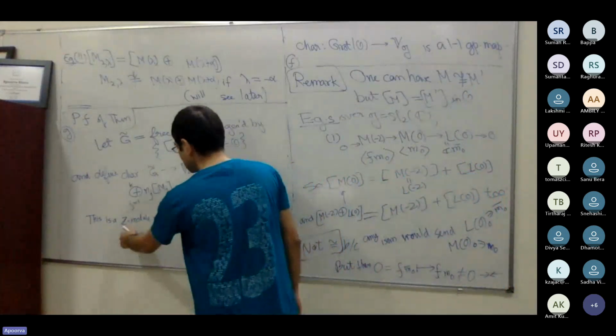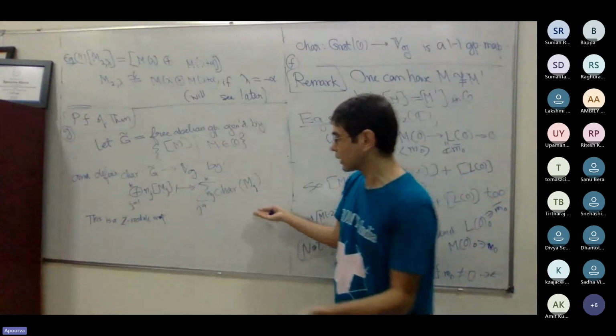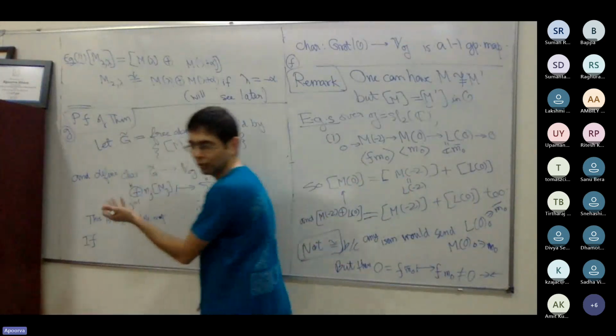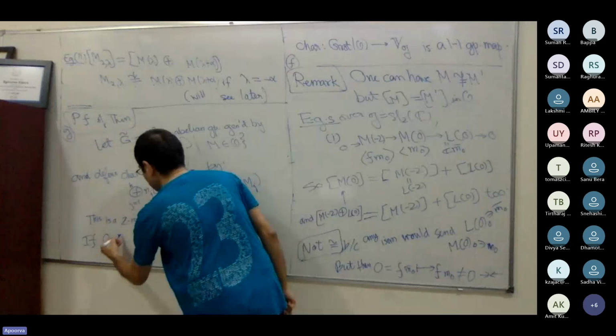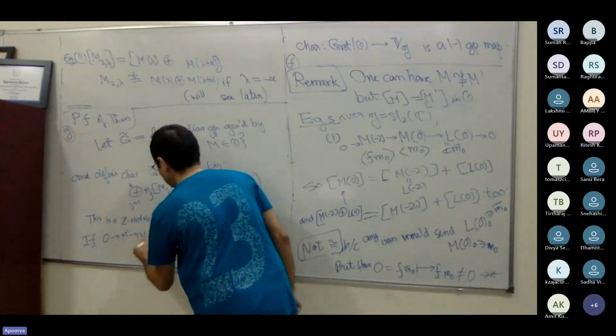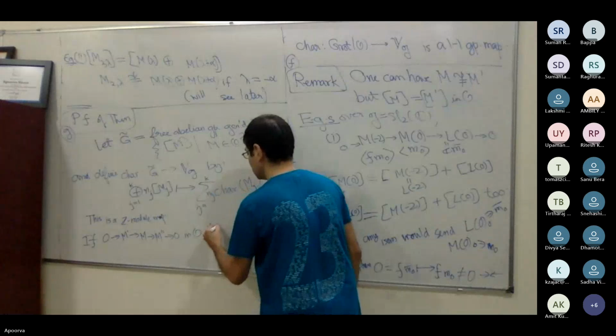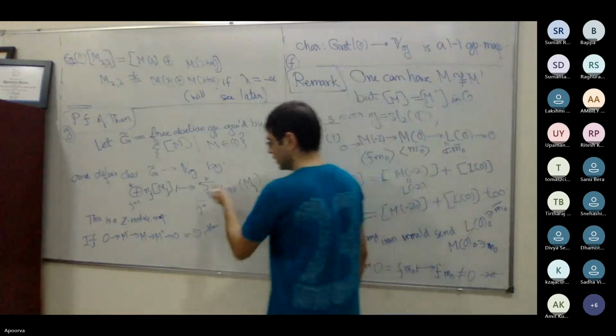So then, okay. Now, let me also mention, let's look at the kernel. If this is the first homomorphism, but if it's 0 to M prime to M to M double prime to 0, then what do we know?